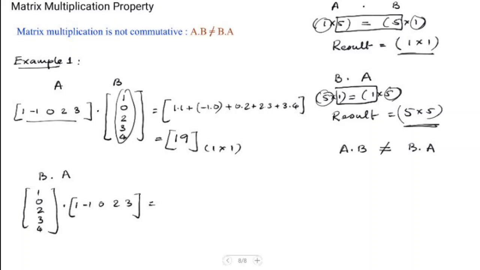And if you multiply these two, you will get a 5 by 5 matrix as we just discussed.